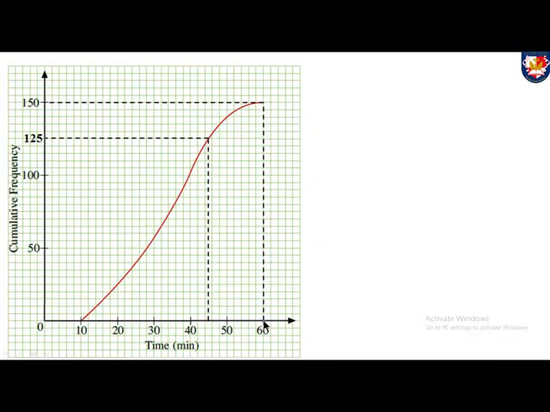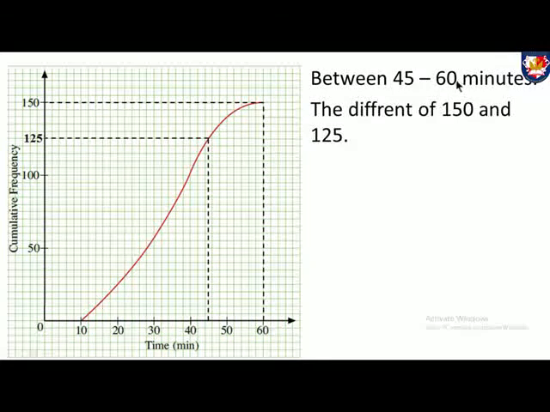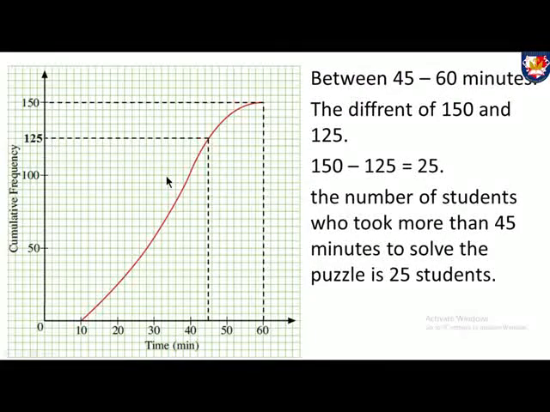You make a straight vertical line to the curve from 60, and then from the curve a straight horizontal line to the y-axis, and you'll find the number 150. So between 45 and 60 minutes, the number of students is the difference of 150 and 125, so it is 25. Then the number of students who took more than 45 minutes to solve the puzzle is 25 students.